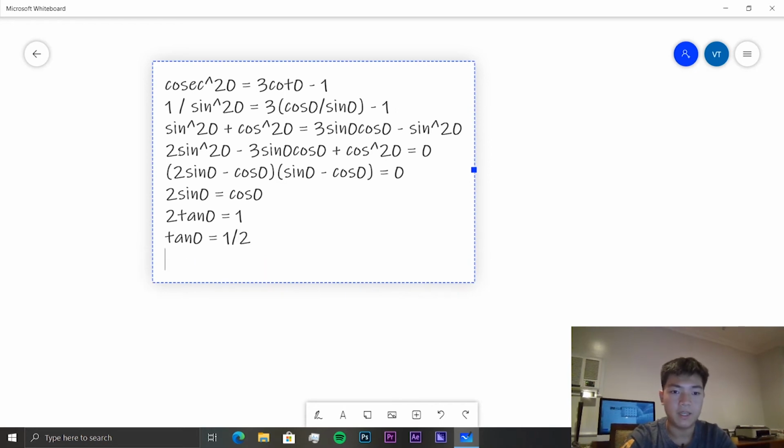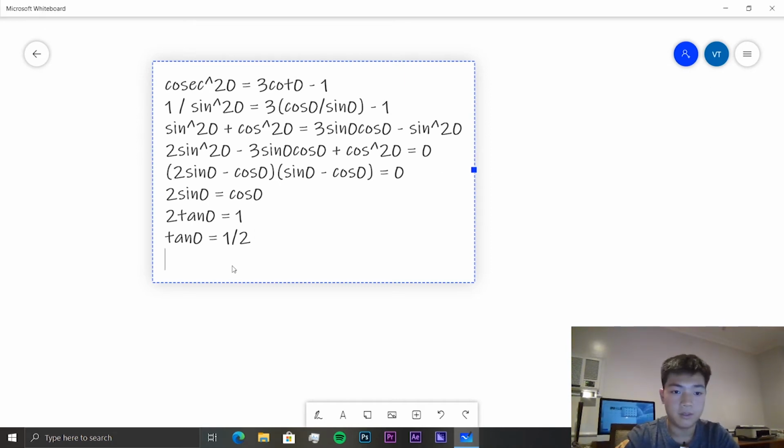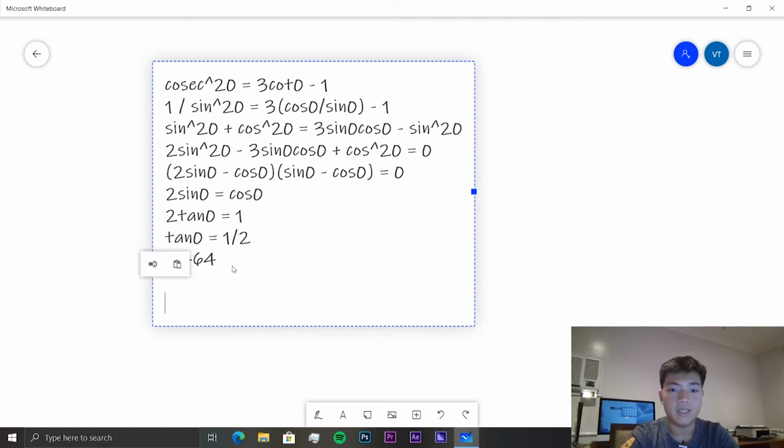So we can solve for that. Using my calculator, inverse tan of 1/2 is around 0.464 radians. But the other case is that sine theta is equal to cosine theta.